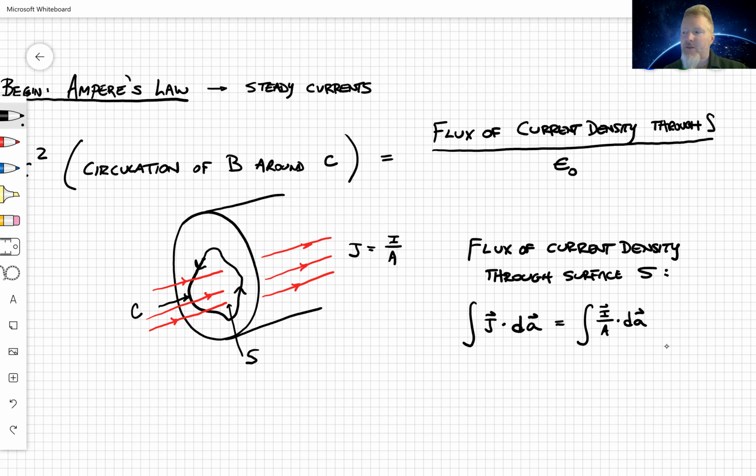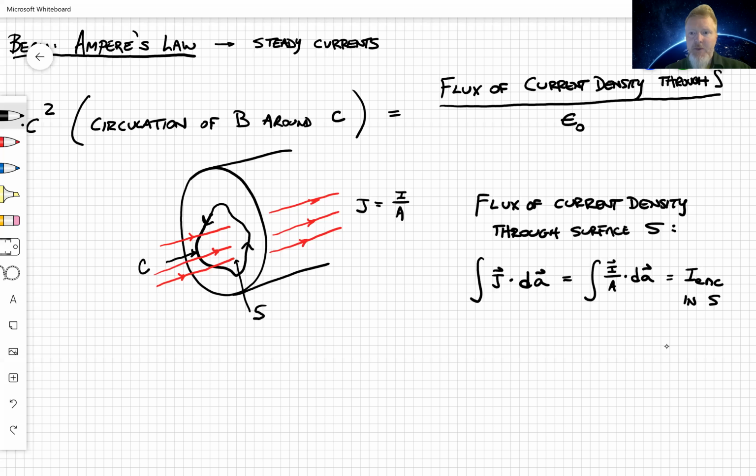You can see that you're integrating with area and dividing by area. So this is like the enclosed current in S, very similar to the enclosed charge. So you say flux of current density, but it really gives you the enclosed current. Okay, so that's that part.